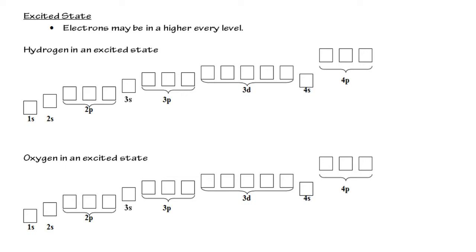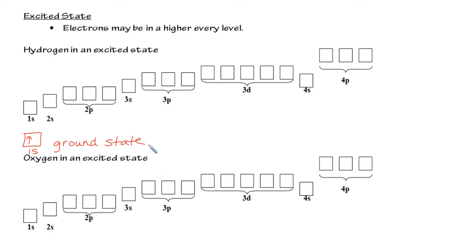For example, hydrogen has 1 electron. It would normally be found in the 1s orbital. So if I had, let's say, 1s, that would be the ground state. Hydrogen would normally put its 1 electron in the 1s orbital.